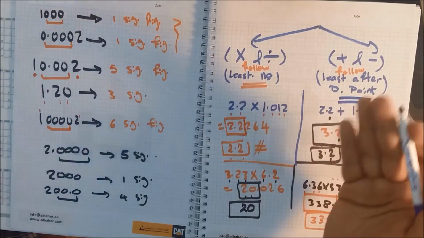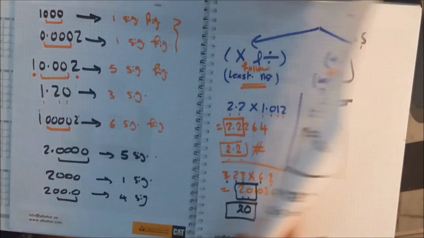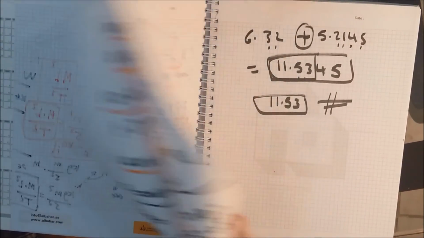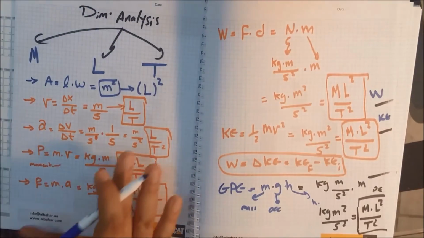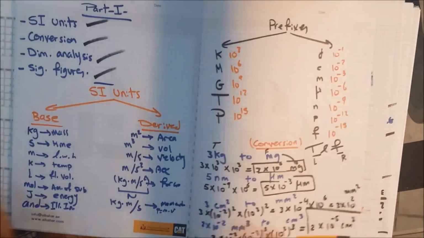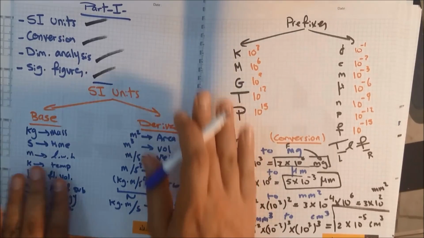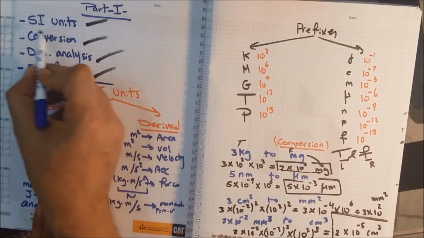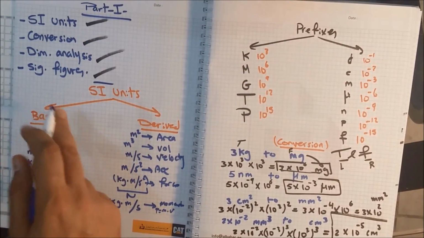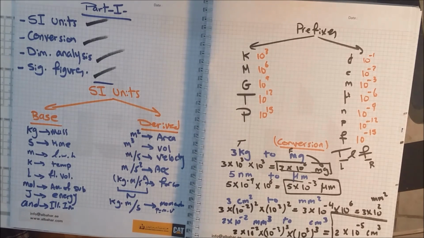So you are looking after the decimal point. So now we covered the four objectives that we planned here. We covered the SI units, the conversion, dimensional analysis, and significant figures.